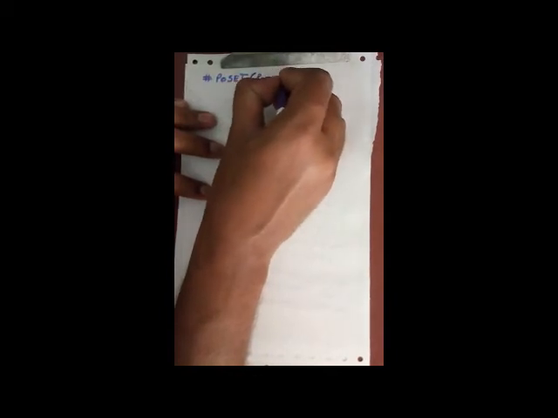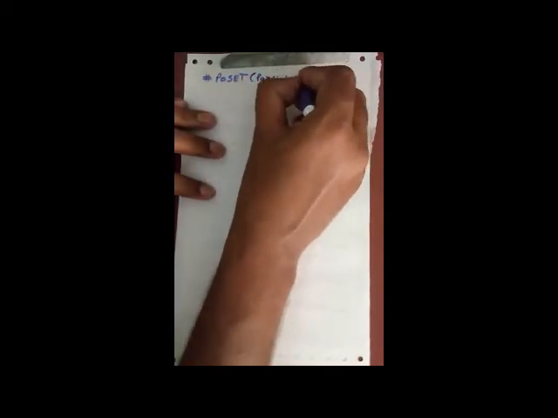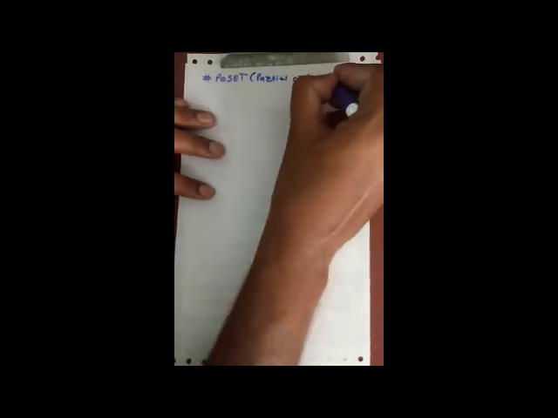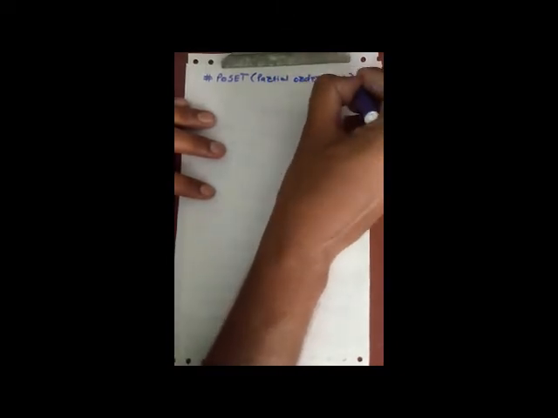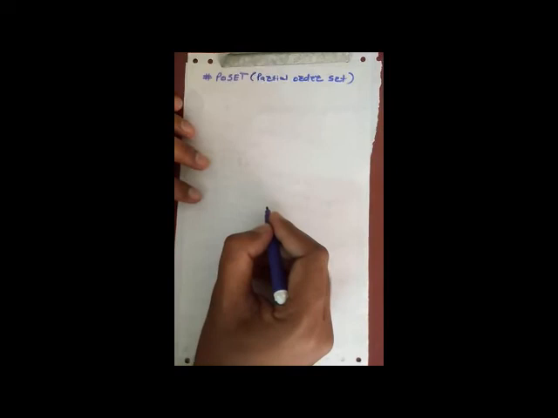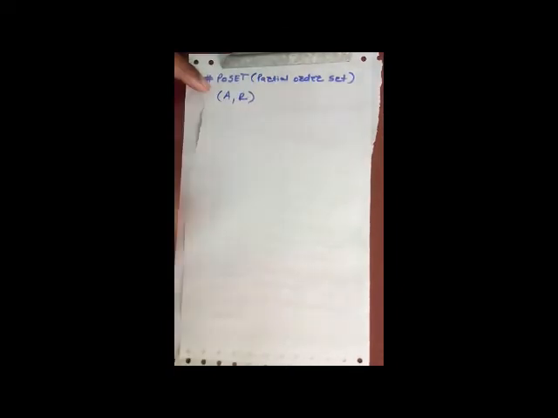Hello friend, now we are going to see POSET, that is partially ordered set, and it is defined as A, R, right?